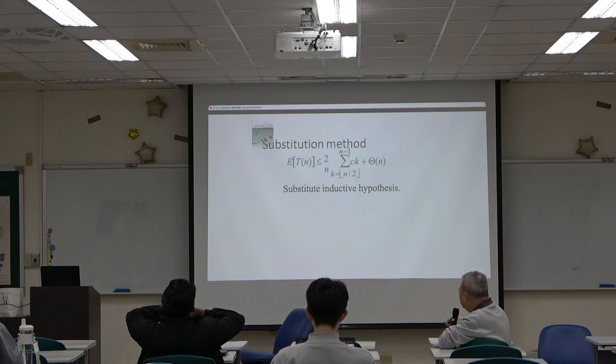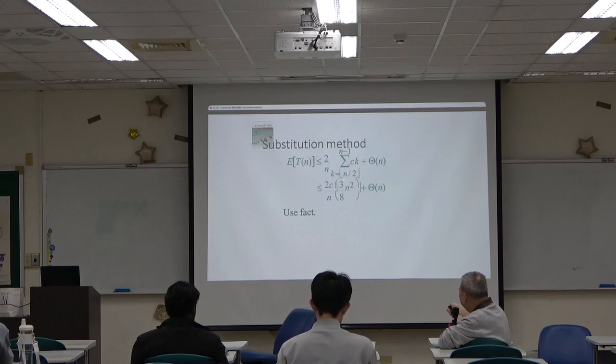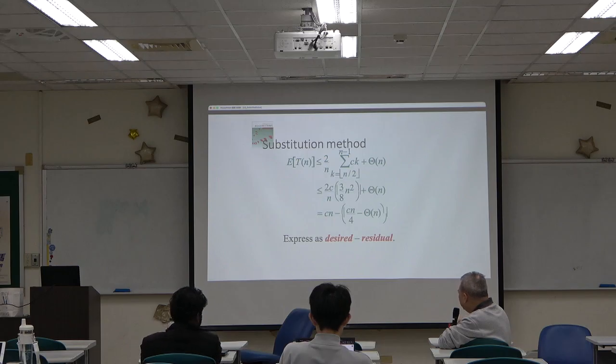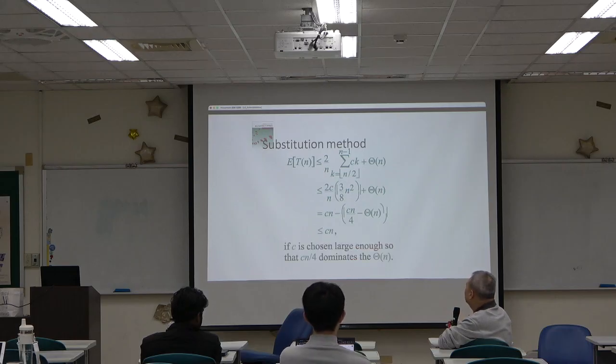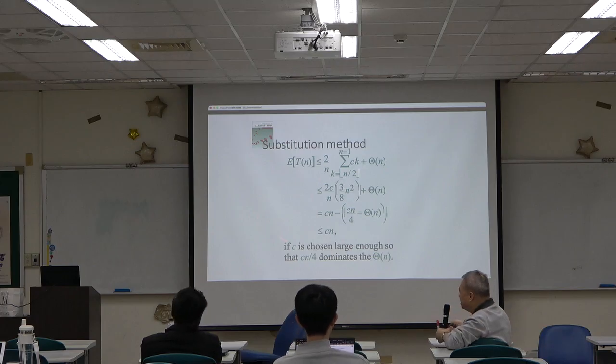And from here we can use this fact to become like this. And then after we rearrange that, we have Cn outside minus Cn divided by 4 minus theta, and so as long as we pick our C large enough to bound this linear term, then we have our case.